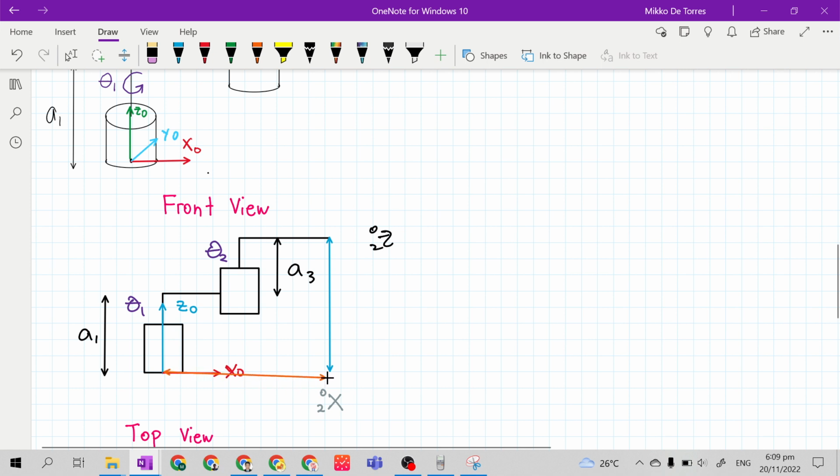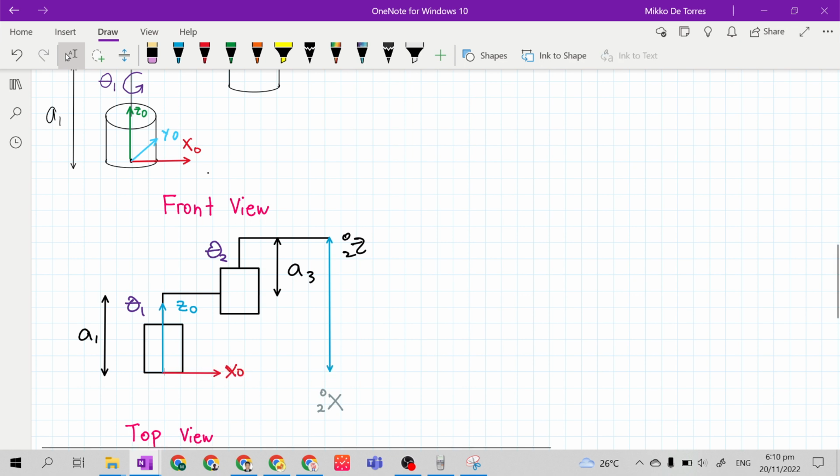This is X02. But the mechanical manipulator, class, is moving, so you will not depend your X02 on just the distance of the end effector up to the origin of the base frame.